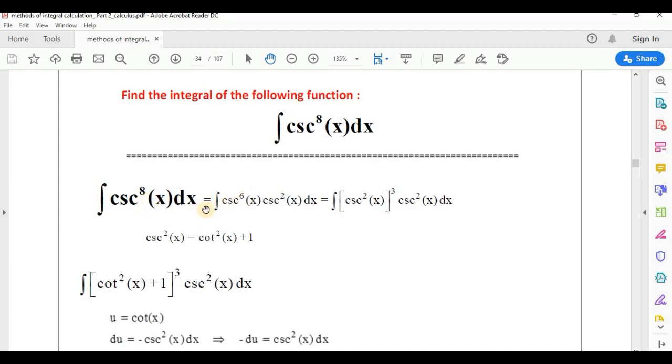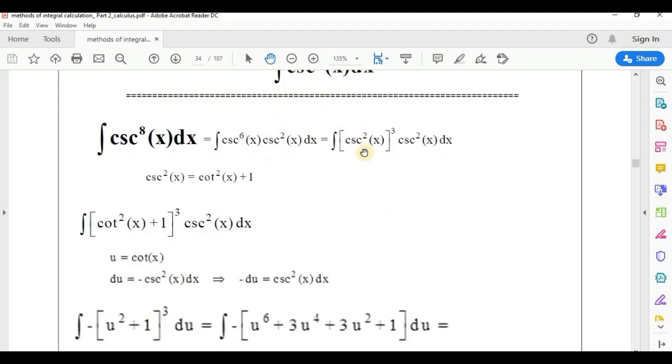So the integral will become the integral of cosec to the power 6 x multiplied by cosec squared x dx. And we need to put this part in a quadratic exponent, so it will become cosec squared all to the power 3 multiplied by cosec squared x dx.